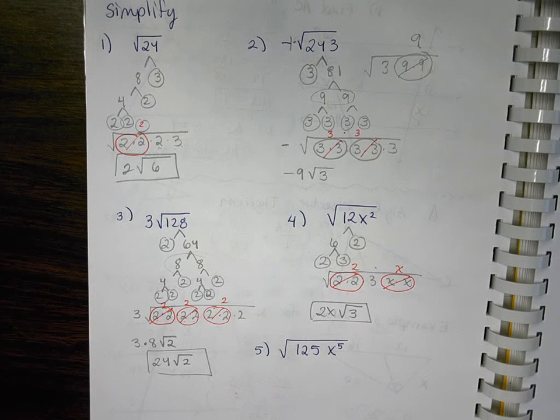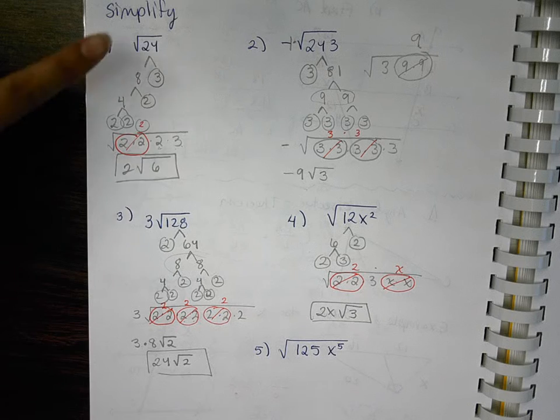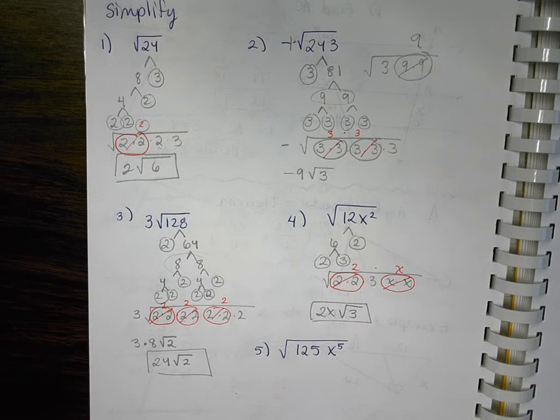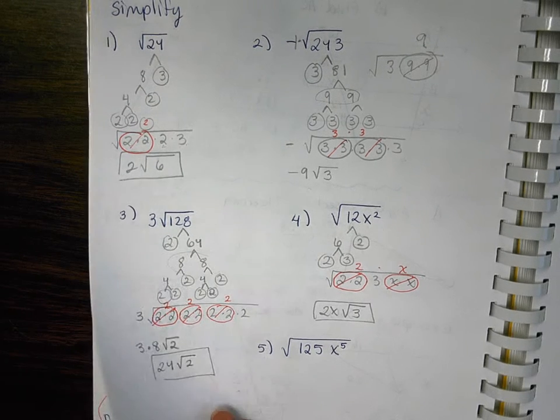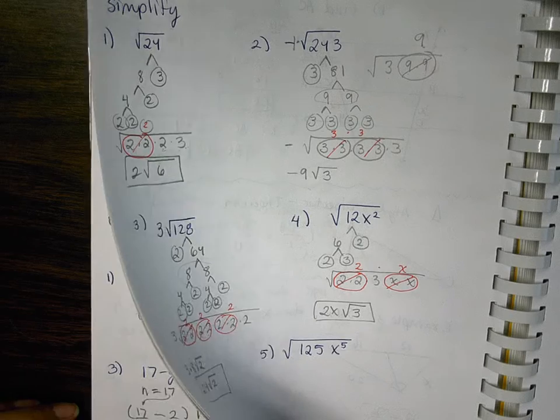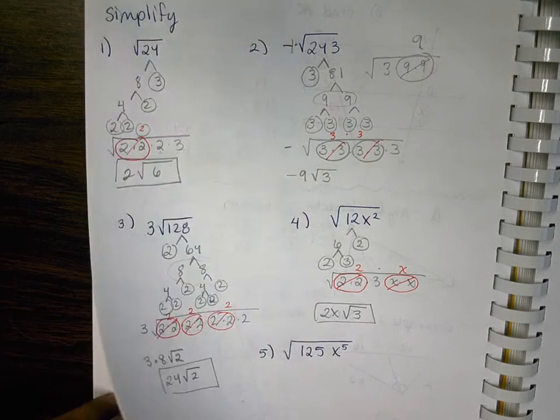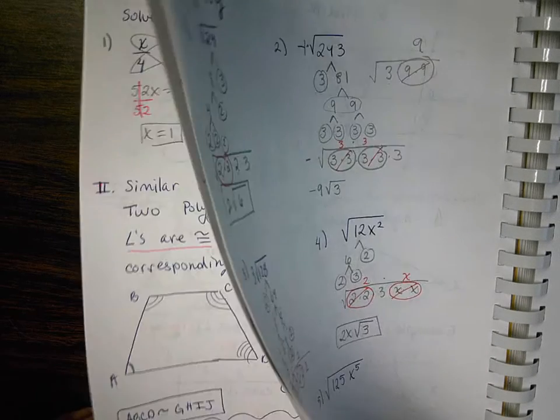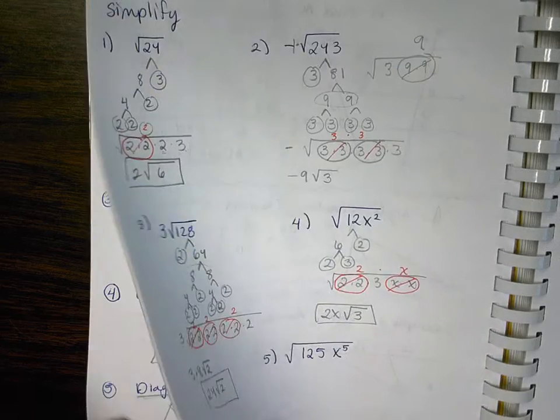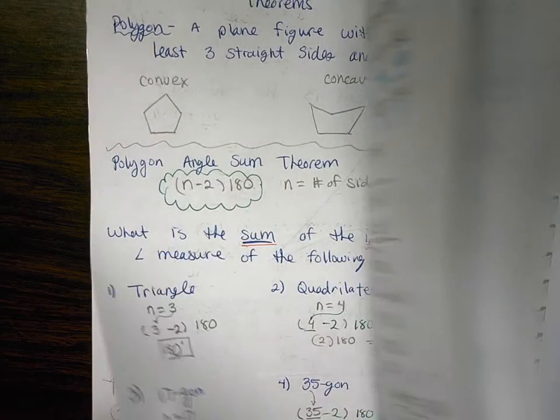Yes? Is this review like reviewing everything that we learned? No, we've done radicals back when we did the unit, the lesson where I think it was like a mid-segment theorem. Do you remember that? Let's see if I can find the notes.